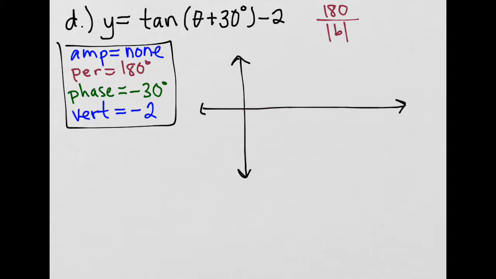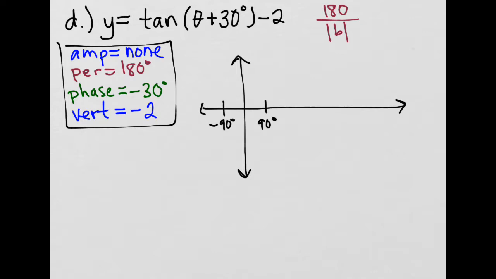So for tangent, really, we've got 2 important tick marks, well 3 technically. One for one asymptote, one for where it crosses the axis, one for another asymptote, and then it's going to repeat that pattern. Now since the period is 180 degrees here, we divide that in 2 to find those 2 numbers, and that is going to be 90 degrees and negative 90 degrees.